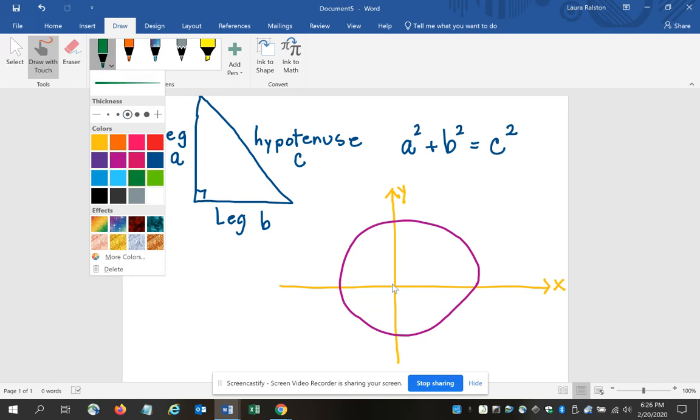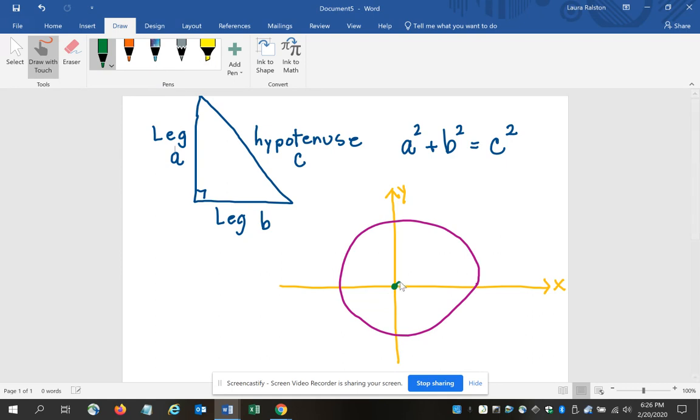If you think about drawing a triangle on this unit circle, remember that, because this is called the unit circle, the radius is 1. And in this case, that radius corresponds to my hypotenuse.